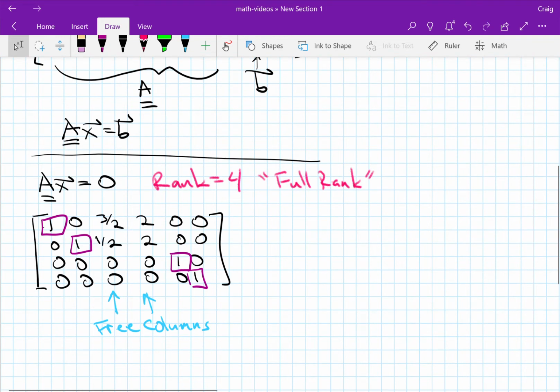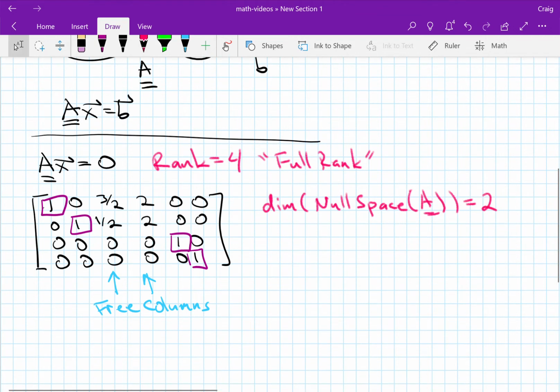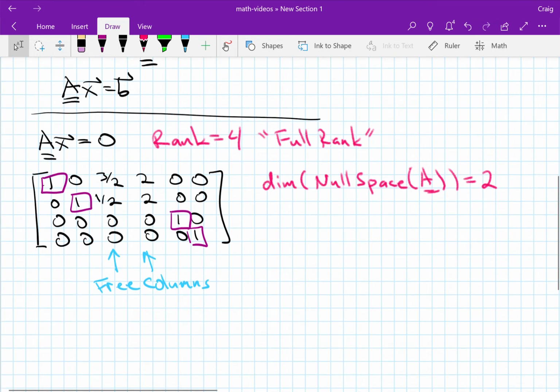which means that the null space of A is 2. That means that there are 2 linearly independent vectors that will satisfy the equation AX equals 0, and effectively 1 associated to each of the free columns here.